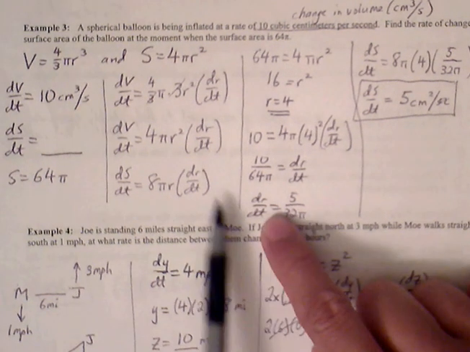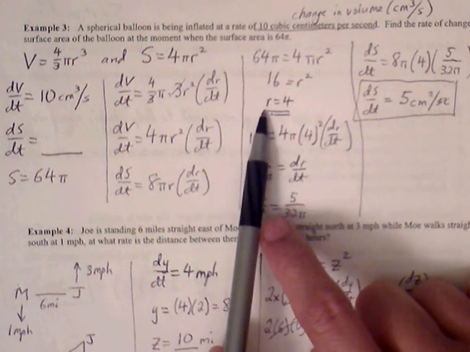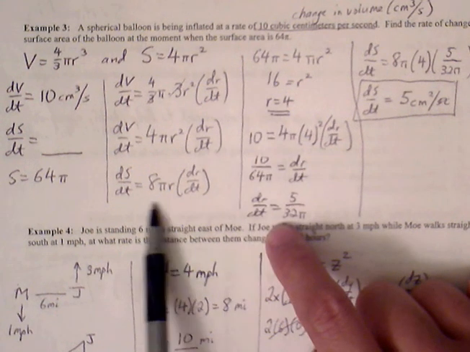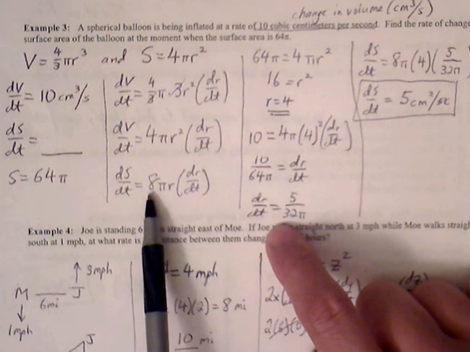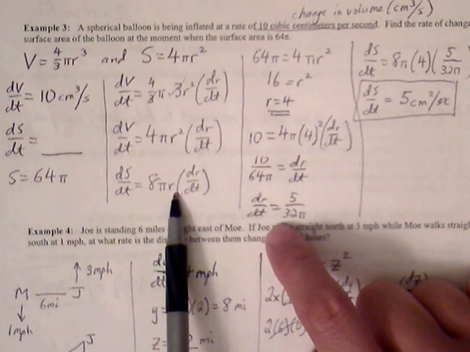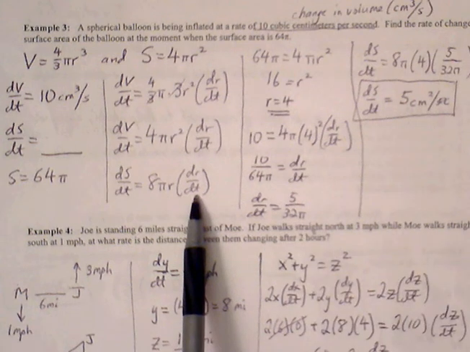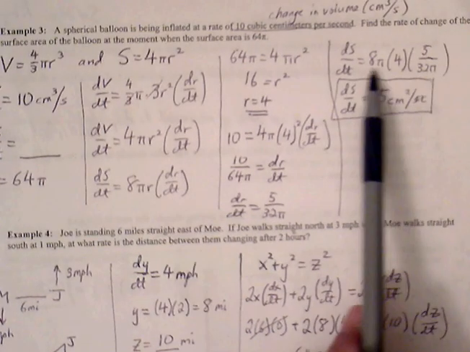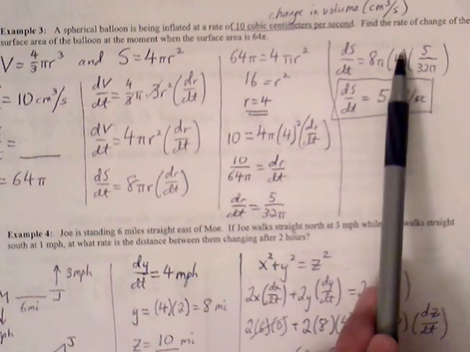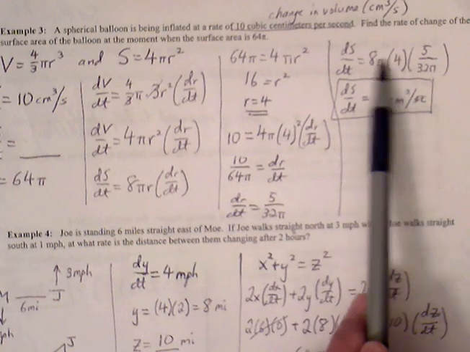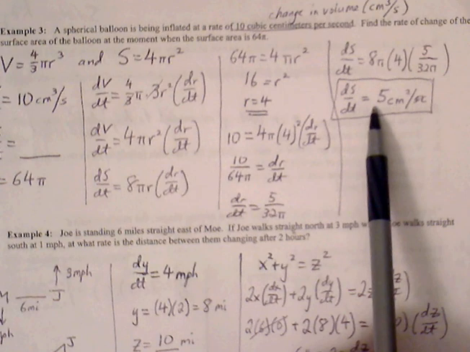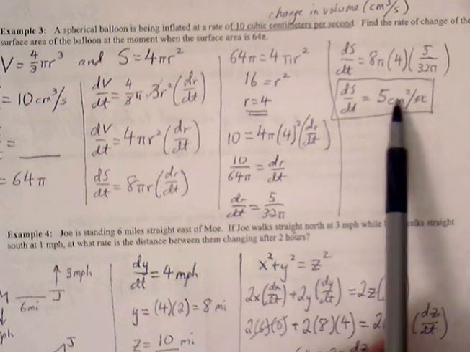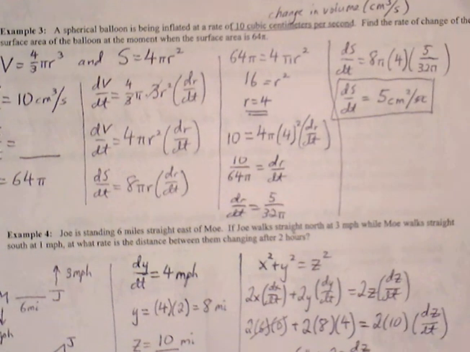We have the radius. So now with these two pieces, we can just plug into my differential equation for surface area. So then we get 8 pi times 4 times 5 over 32 pi, exactly what we have here. And then the 8 pi times 4 is 32 pi, which cancels out with the denominator, leaving us with 5. And for surface area, that will be square centimeters per second.